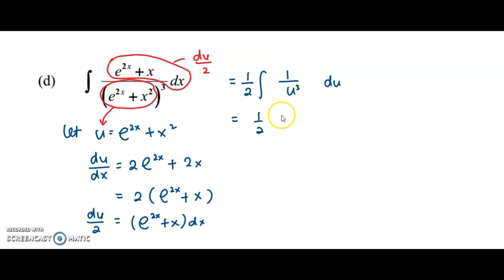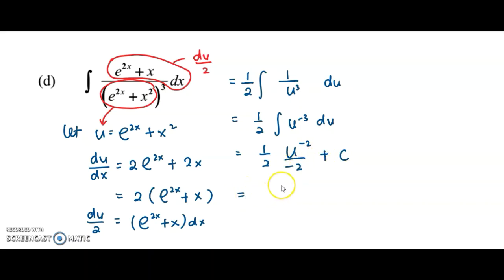Now this function becomes so easy for us to integrate. Just bring up the 3, you will see that this function can be integrated by the basic rule of integration. Integrate this, you increase the power by 1, you get negative 2, and divide by negative 2, plus constant c.